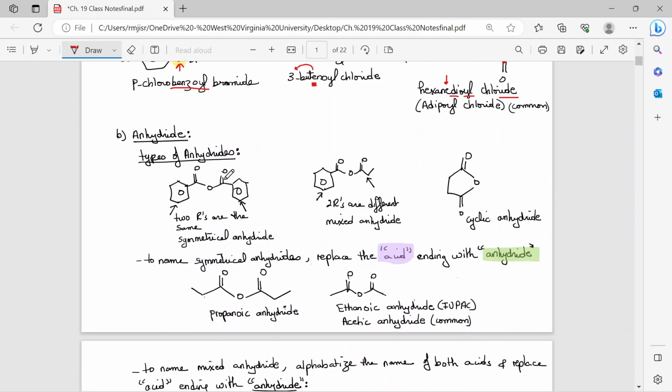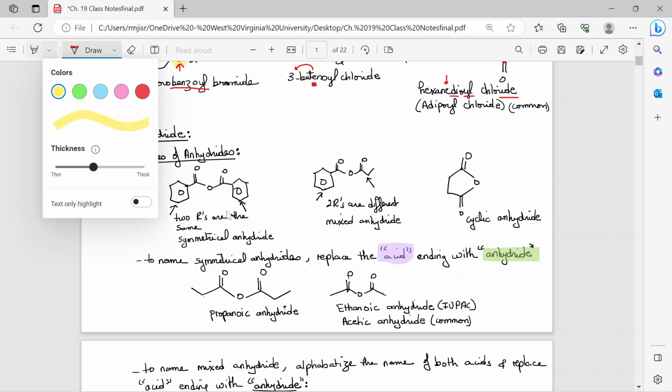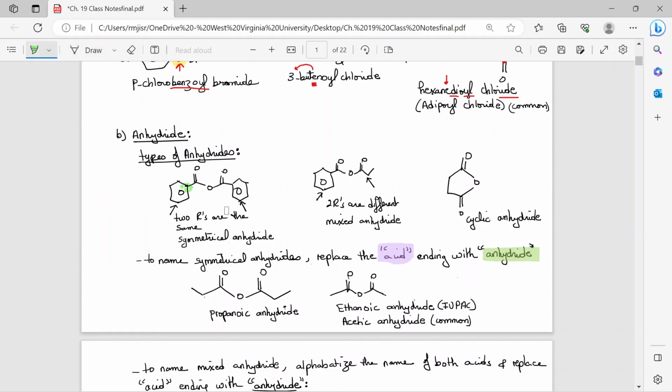To name anhydrides, there are two types of anhydrides. There are symmetrical anhydrides, meaning that you have groups that are the same on both sides of the carbonyl. So here in this case, you have a benzene, here you have a benzene. So these two R's are the same.